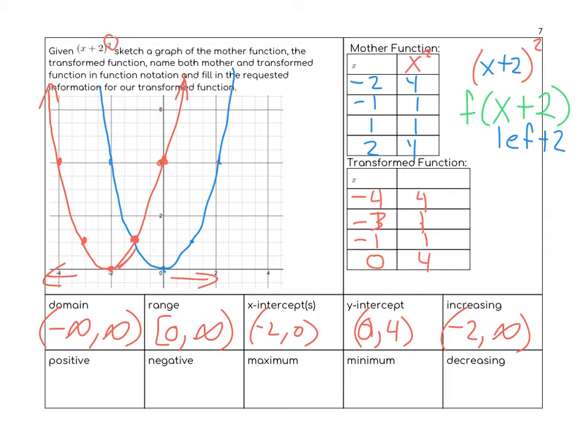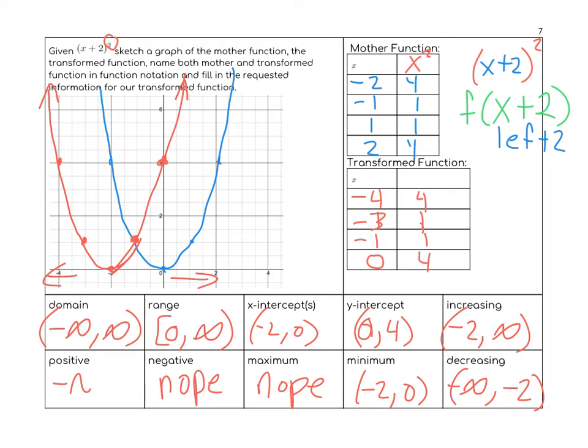So that's this part of the graph here. And then decreasing, that starts at -infinity, so all the way to the left side, and stops at -2. It's got a minimum at (-2, 0). It's never got a maximum because we go off into infinity. It's never negative because we're above the x-axis the whole time, and it's always positive, and the whole domain is -infinity to infinity.